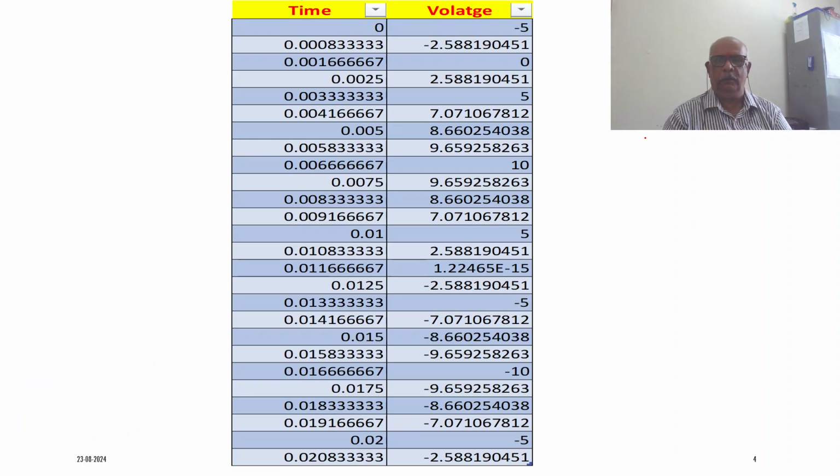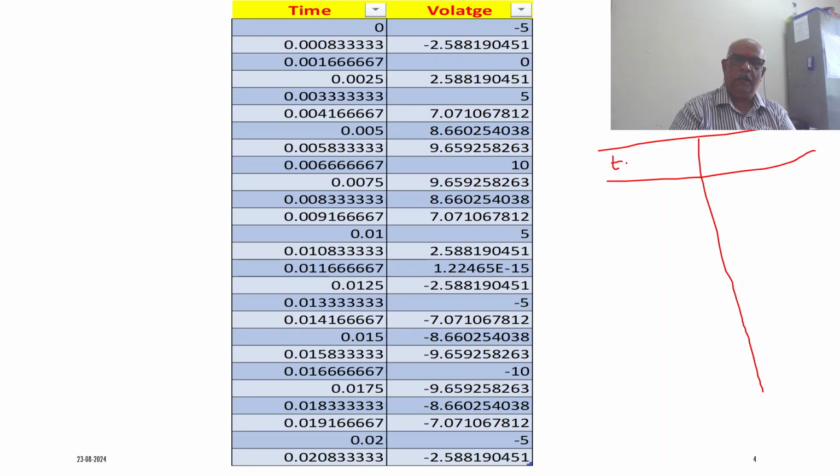I can create my own table, like a logbook, and put time here, and in another place, my amplitude, the voltage of the amplitude. And so I keep writing down the values, and what we get is this table.